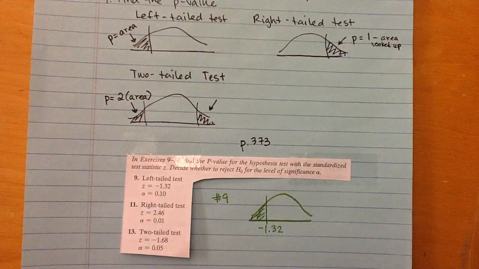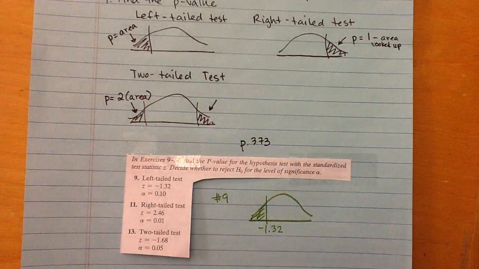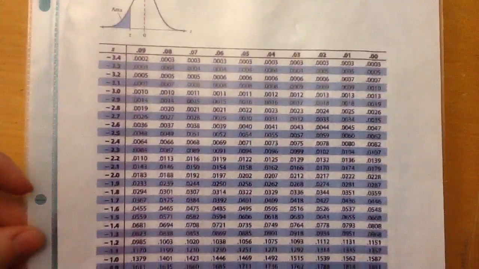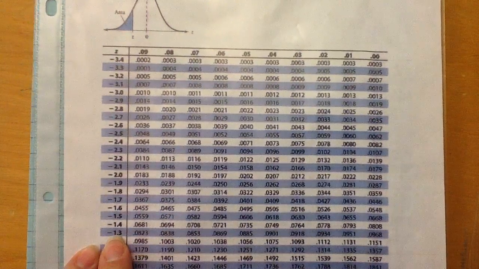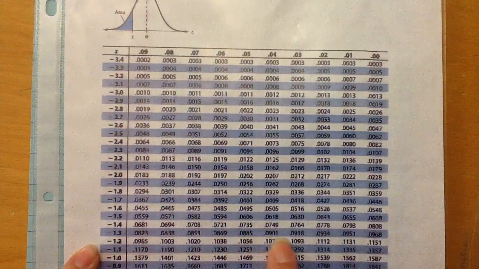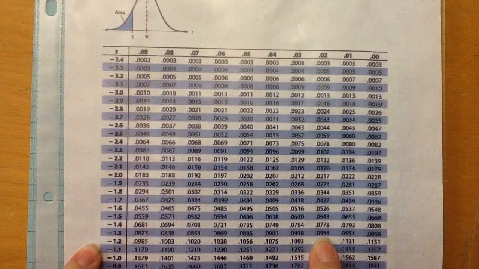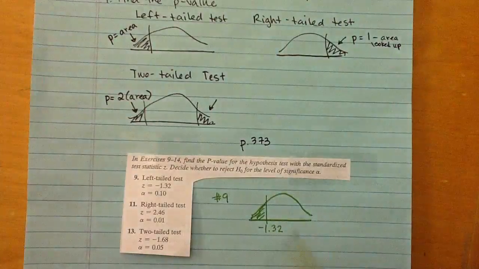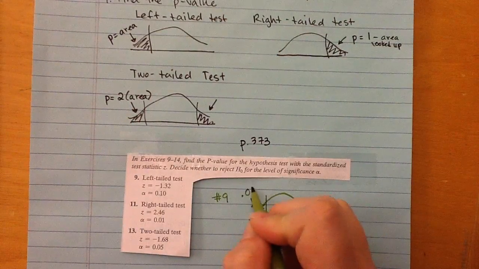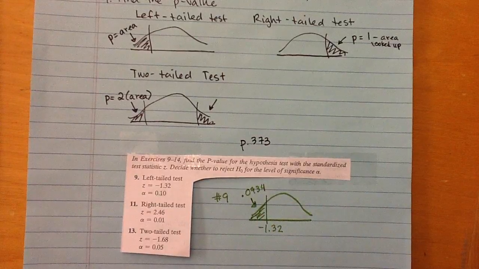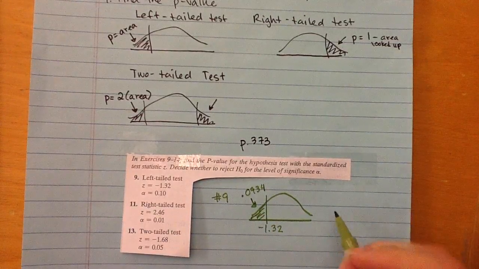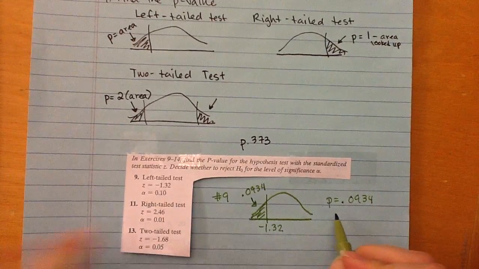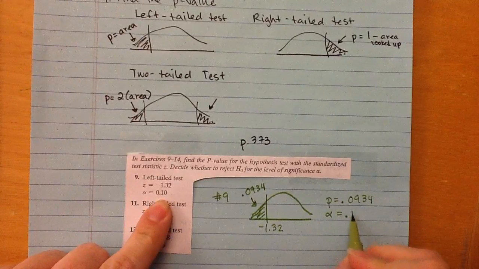Then we get our standard normal distribution, table 4, and we look up negative 1.32, which gives us an area of 0.0934. With a left-tailed test, that's our p-value. So p equals 0.0934. It tells us that alpha is 0.10.